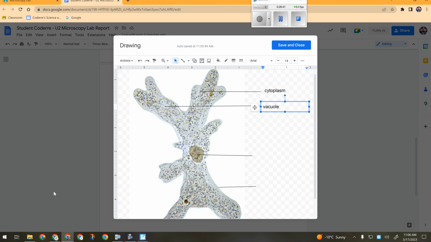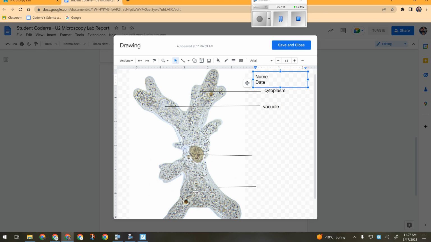Format-wise, for a lab drawing, your name and the date go in the top right corner. So you put a text box up in the top right corner, and you put your name and the date up there. Don't write "name" and "date"; put your name and the date.